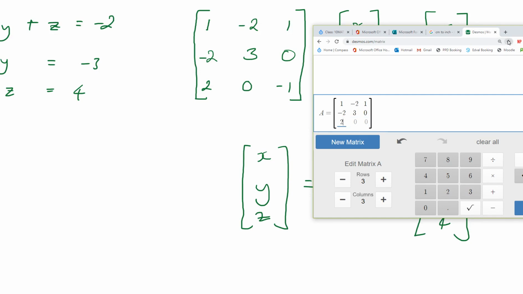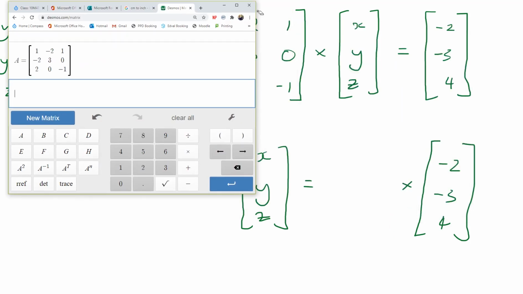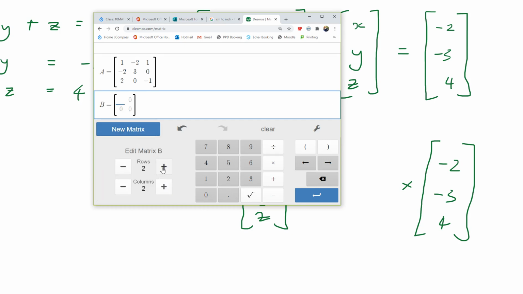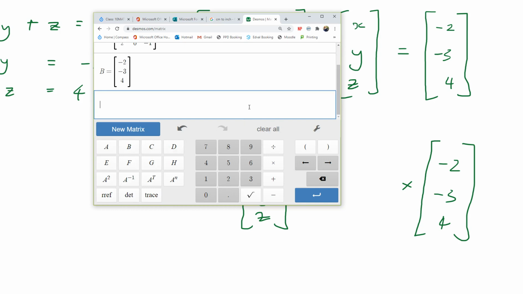Then you have 2, 0, -1. Okay, that's a matrix there. Easy. And then we'll make an answer matrix here. It's a 3 by 1, so 3 rows, 1 column. We'll just call it matrix B. So -2, -3, and then 4. Okay, so that's B matrix.